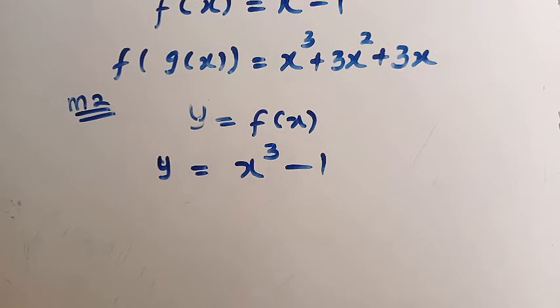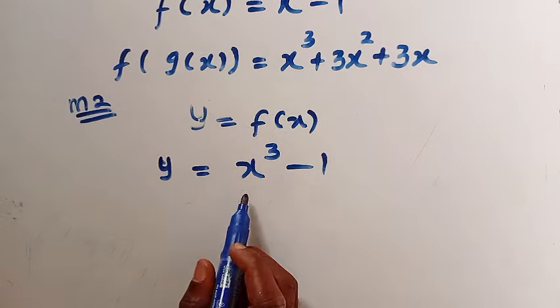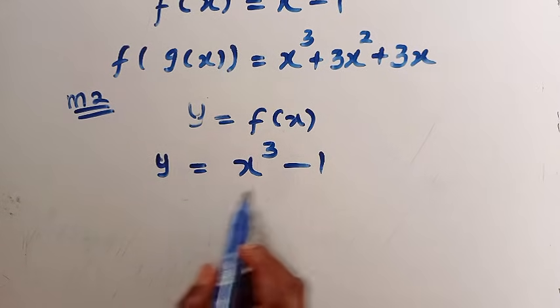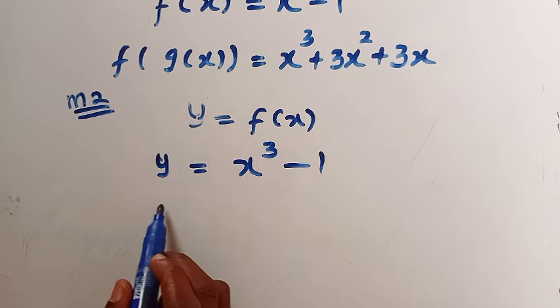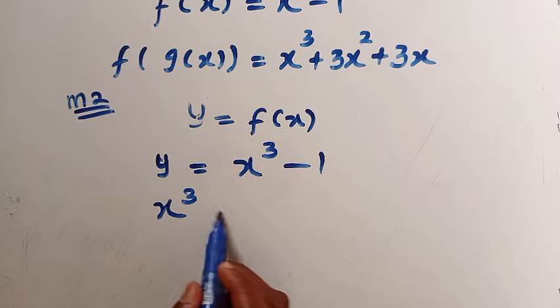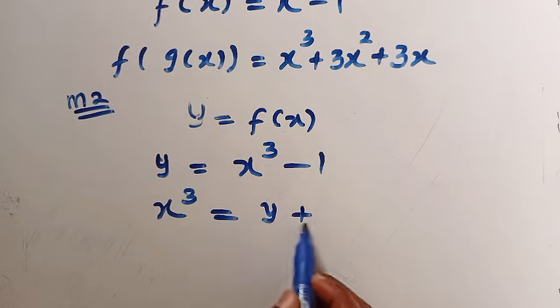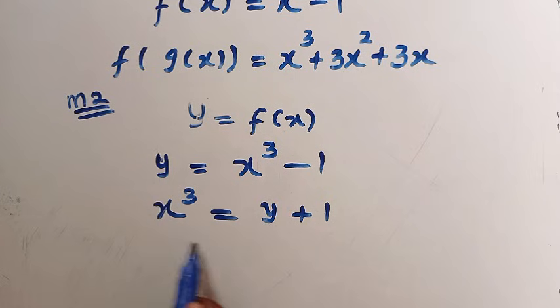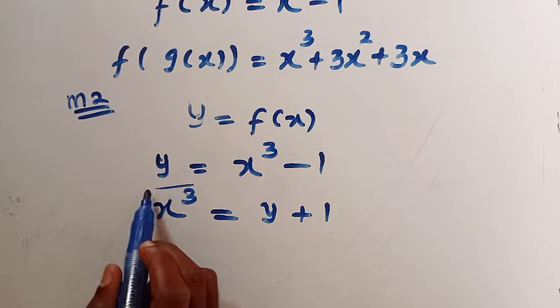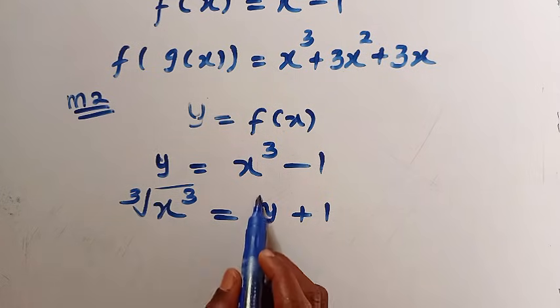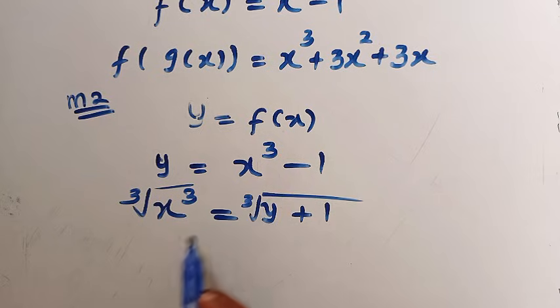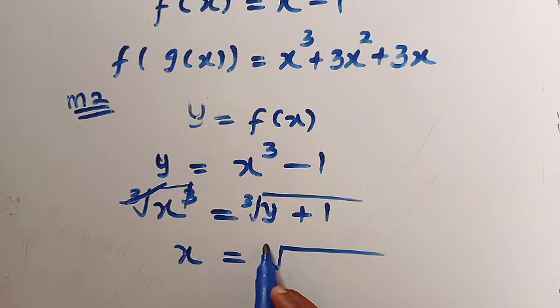By making x the subject of the formula, we transfer this minus 1 to this side, and we have x cubed equals y plus 1. Taking the cube root of both sides, cube and cube root cancel, and we have x equals the cube root of y plus 1.